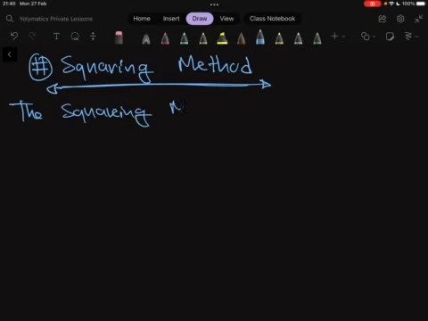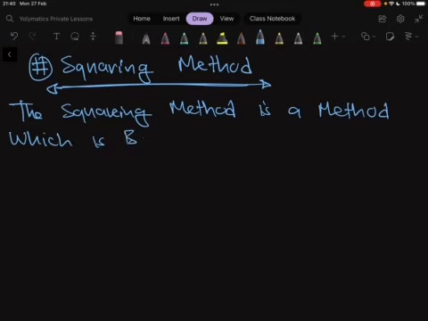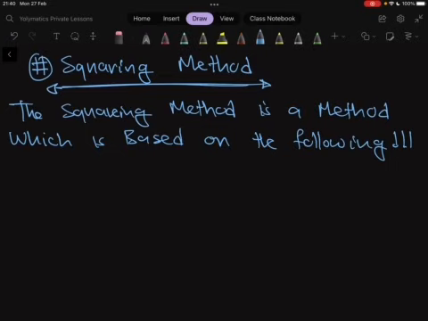The squaring method is a method which is based on the following result. So what we refer to as the squaring technique for solving absolute value equations is a type of technique that uses the following result.